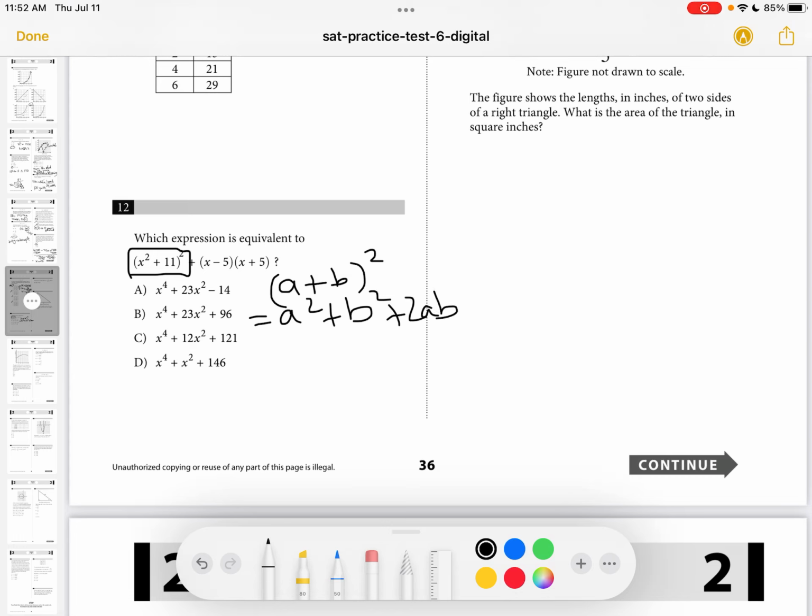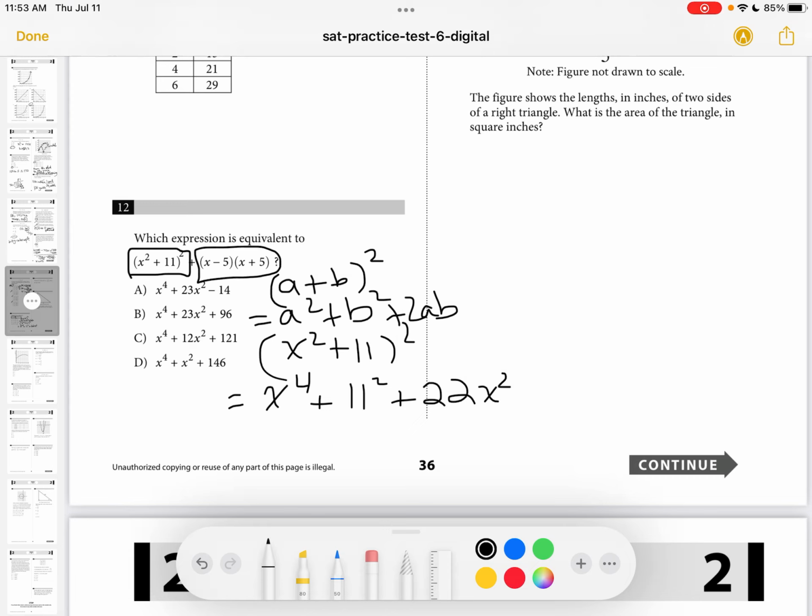I'm going to use this identity to quickly expand the stuff I've boxed in there. So x squared plus 11 all squared will be equal to x to the 4th plus 11 squared plus 2 times 11 times x squared, so 22x squared.